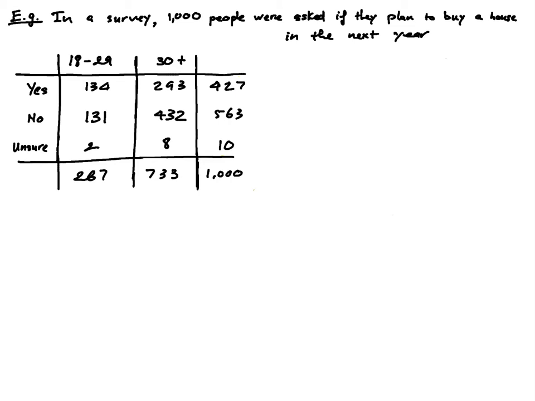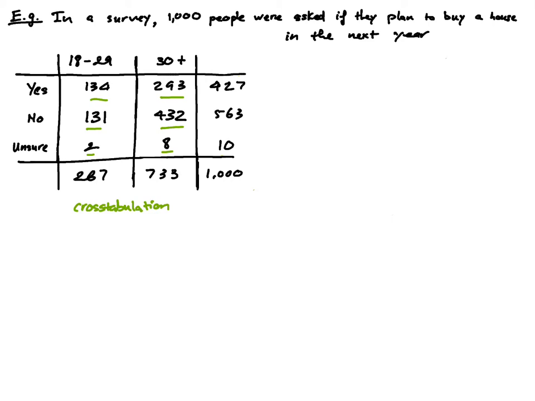If you recall from earlier in the course, this is what we call a cross tabulation. And the way we interpret the cross tabulation is that the numbers in the interior of the table give you the numbers of observations that satisfy both the row and the column categories.